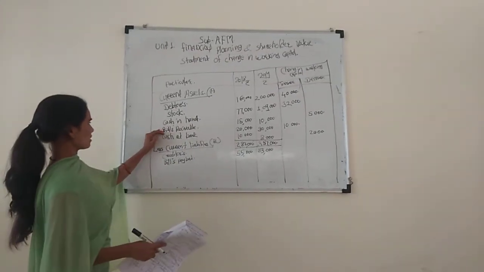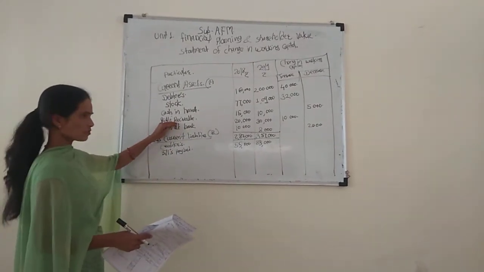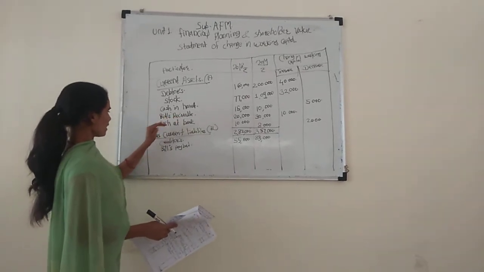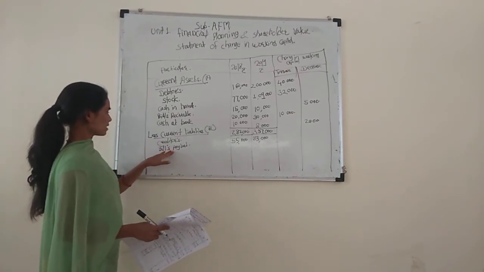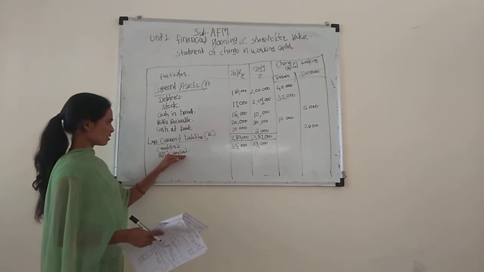Show the bills receivable and bills payable difference. Bills receivable is like stock, meaning a current asset, and bills payable is what the organization has to pay.